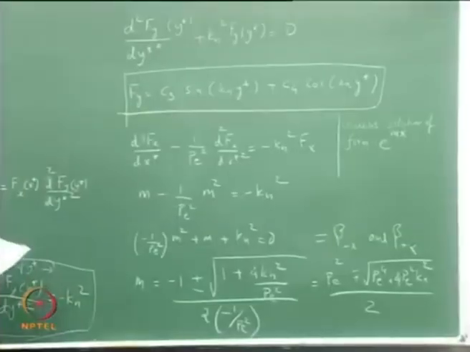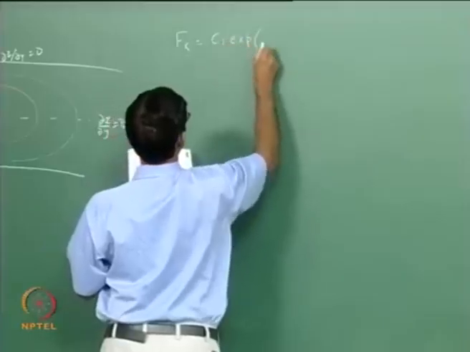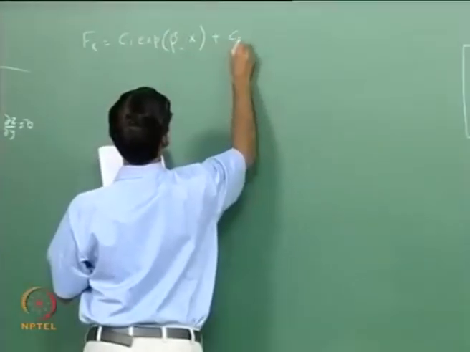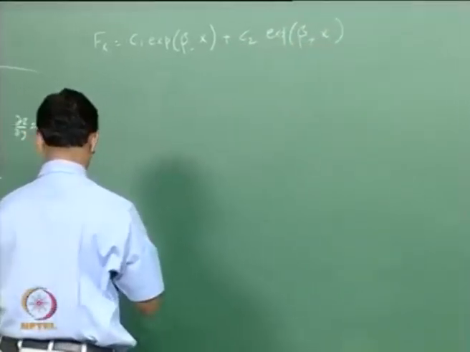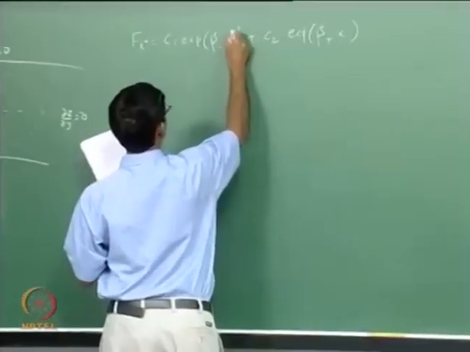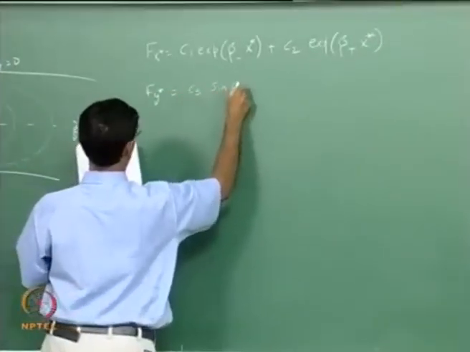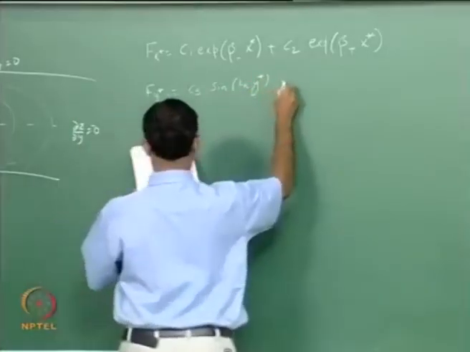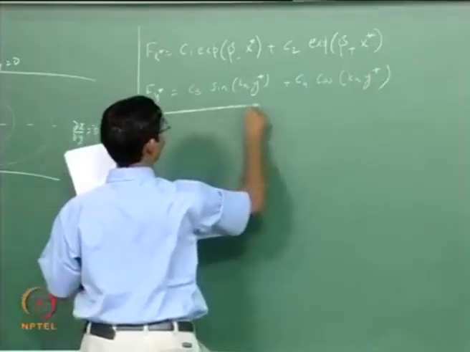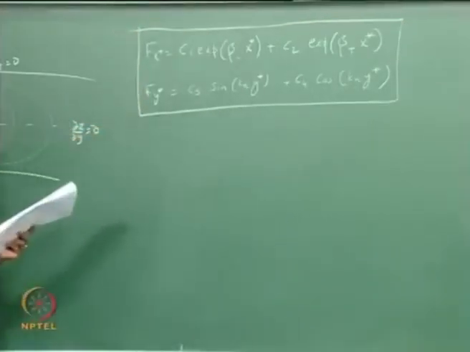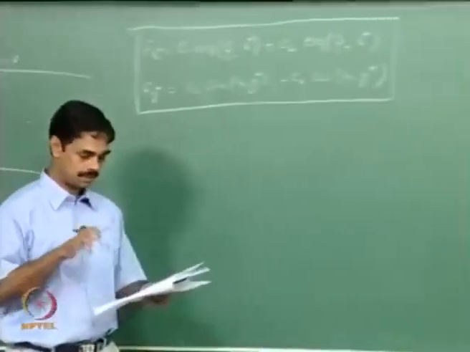So, then we can write the solution as... so this is our solution, and our z is, if you look, the product of fx and fy. So, if you take the product of these two, we should be able to get the solution.